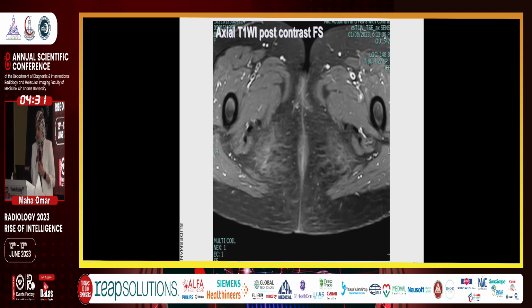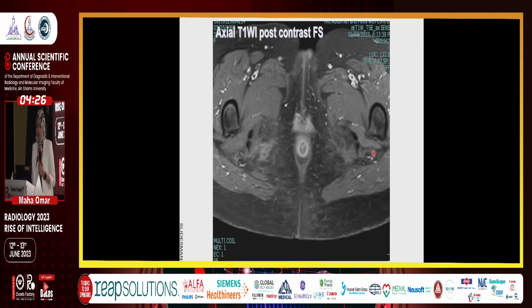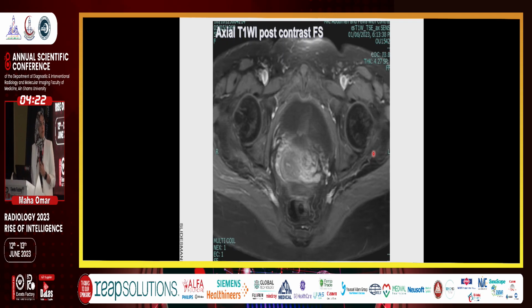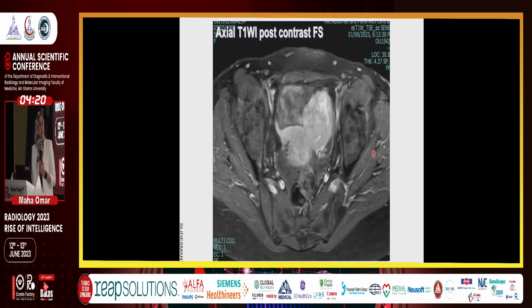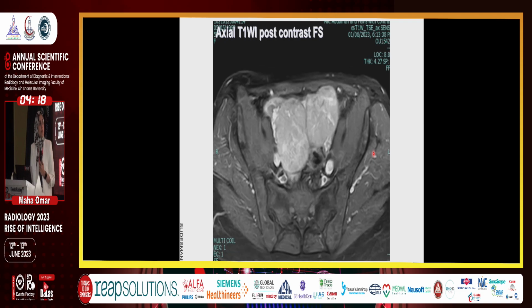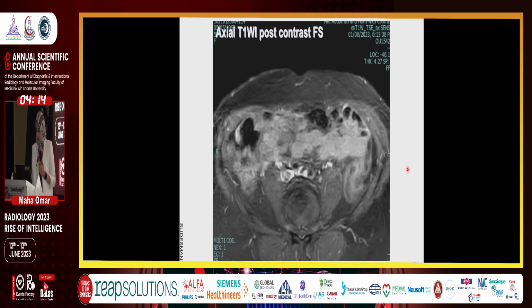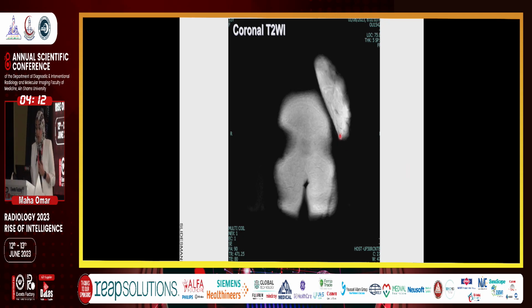The post-contrast T1 fat sat for the pelvis also. And then the abdominal study, the coronal T2 weighted image. Actually, this is the key of diagnosis of the patient, so I am going to put it in very slow motion.